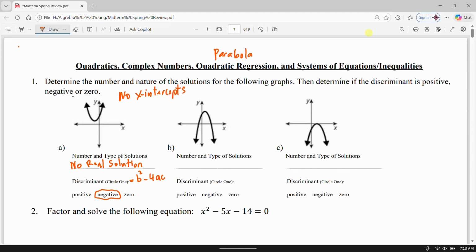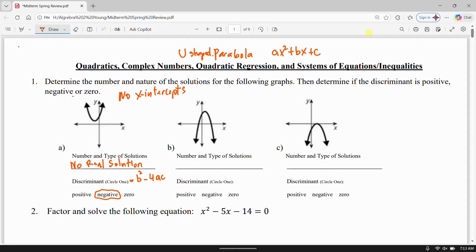A parabola is the graph of ax squared plus bx plus c, and it's going to have the U shape. That's a quick snapshot of what a parabola is. Move on to the next one.